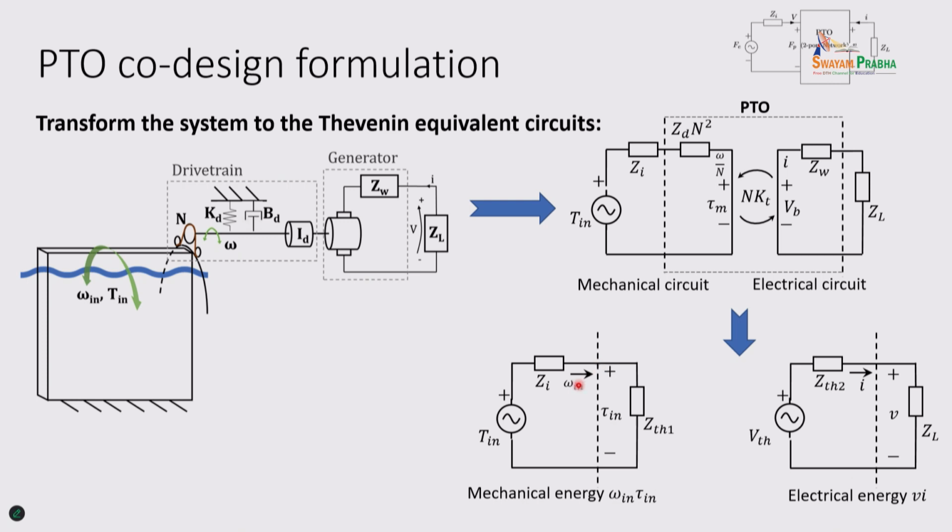Mechanical power is basically torque and rotation speed, and that part you take as output impedance. In the electrical part, you consider all the impedance lumped together, and you can maximize the electrical power output with feedback control.